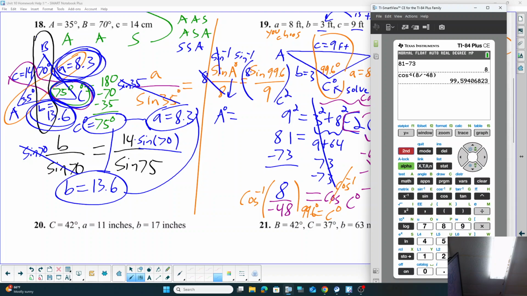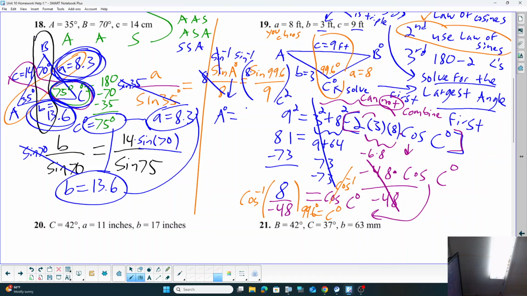We're going to go inverse sine, open parenthesis, 8 times sine 99.6, close parenthesis, divided by 9, close parenthesis. And that gives us 61.2 degrees. So angle A is 61.2 degrees. That's our next angle. So far we have A, and we also have C, which is 99.6 degrees.